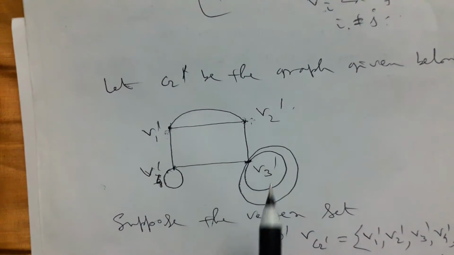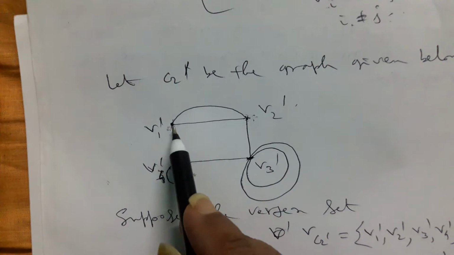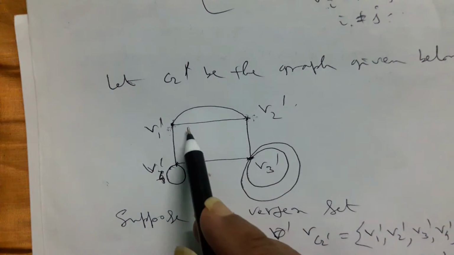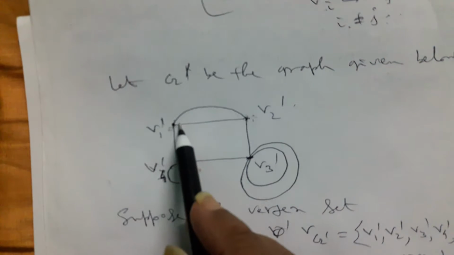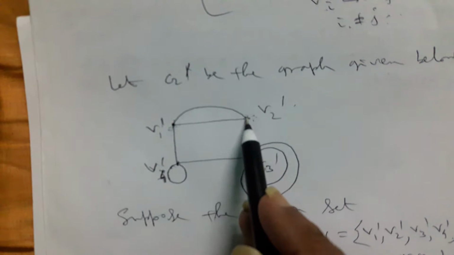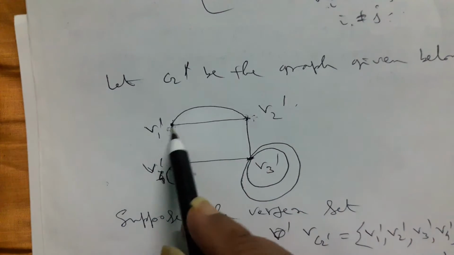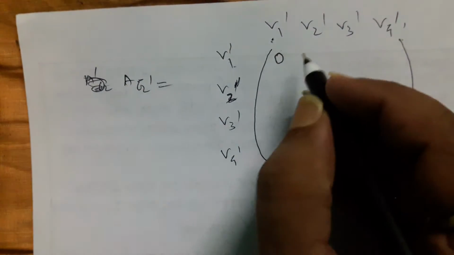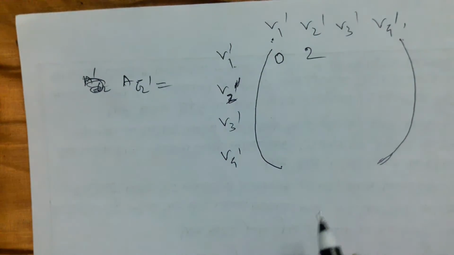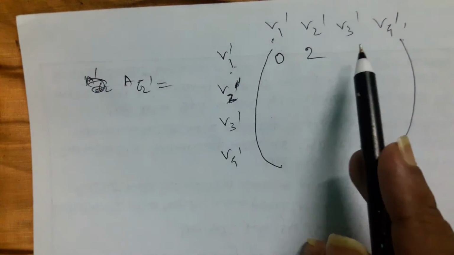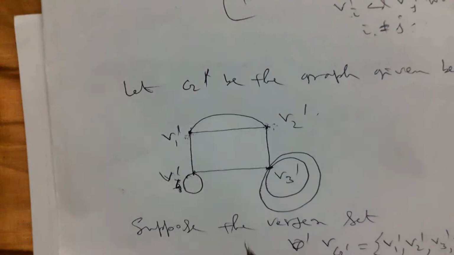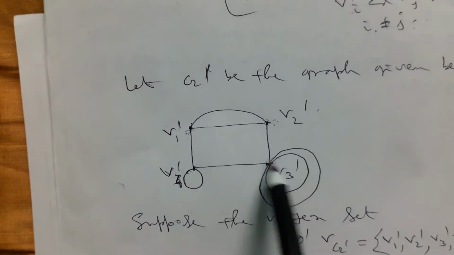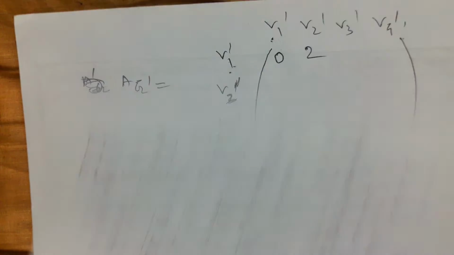Here we consider only the graphical representation, there is no geometry here, we can't consider any geometrical idea. That's why these two edges are parallel, so we put a 2. Now V1' and V3': there will be no edges, so the result will be null or 0.